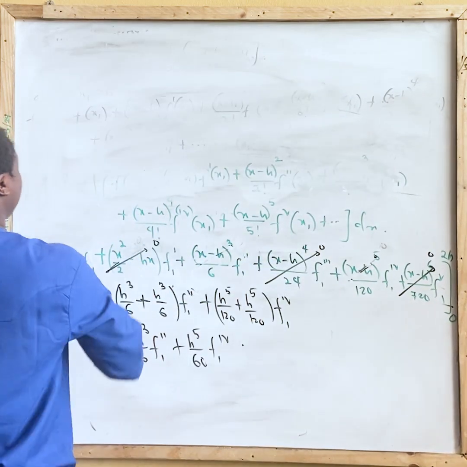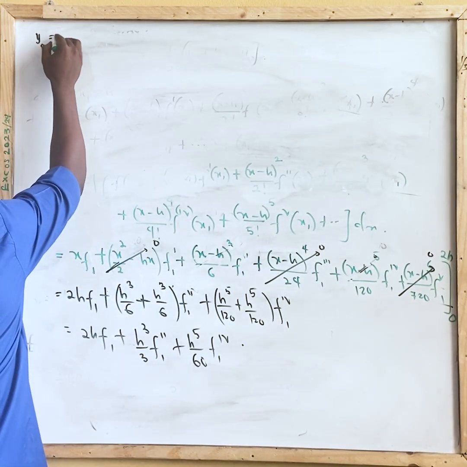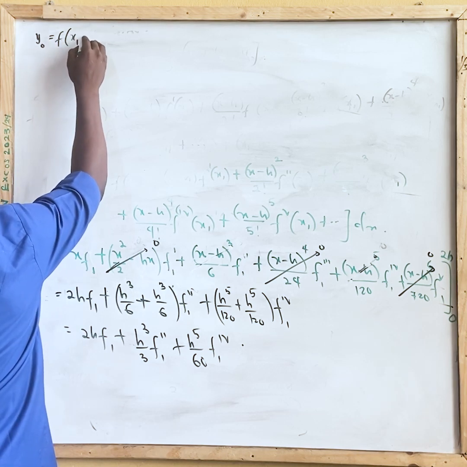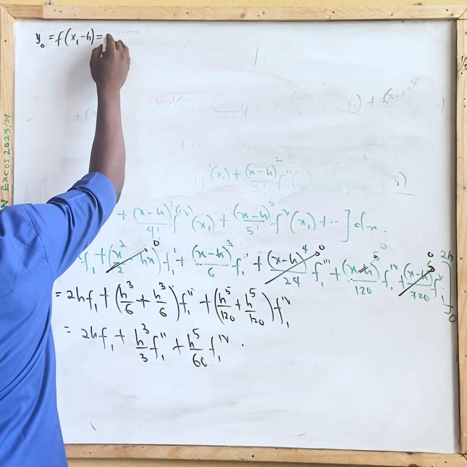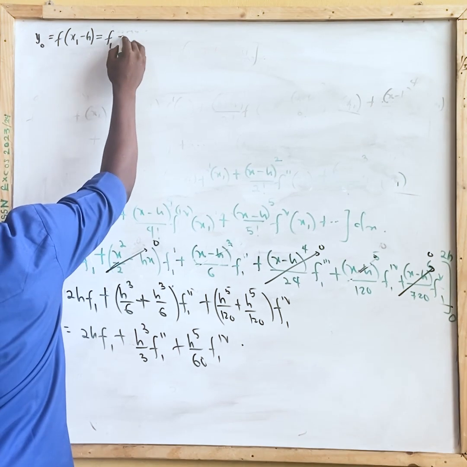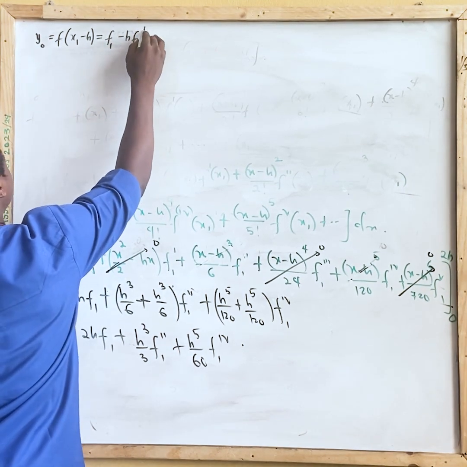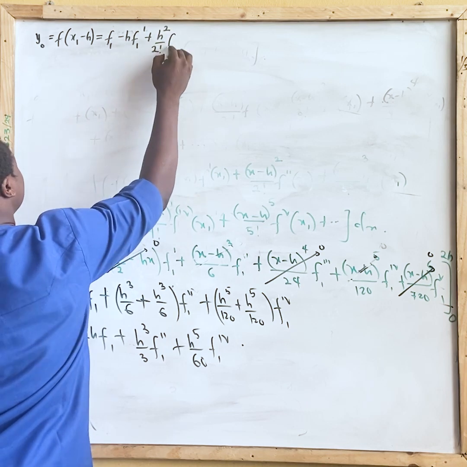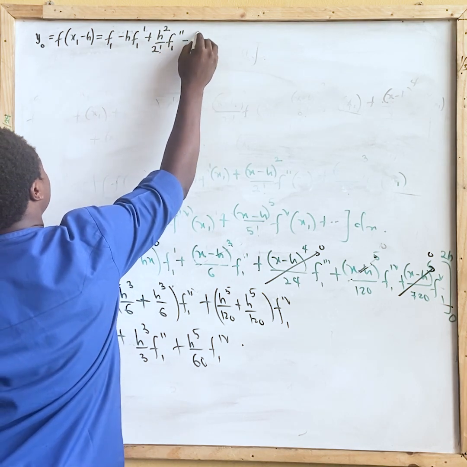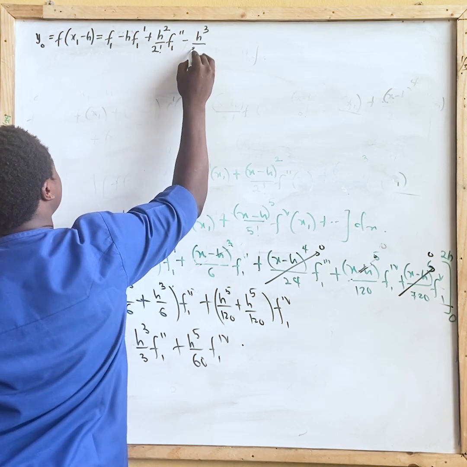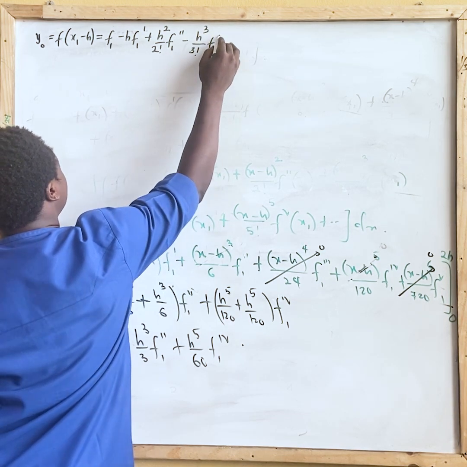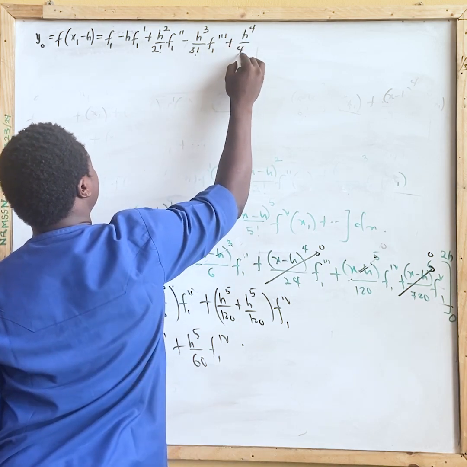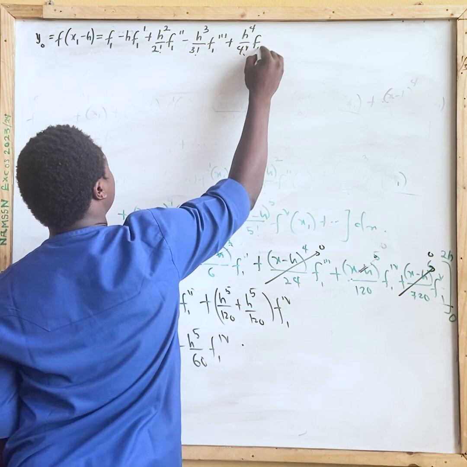So our y0, it can be written as f of x1 minus h. So we can say this is f1 minus h f1 prime plus h square over 2 factorial f1 prime prime minus h cube over 3 factorial f1 prime prime prime plus h4 over 4 factorial f1 IV.